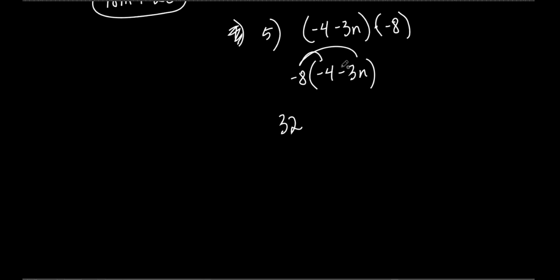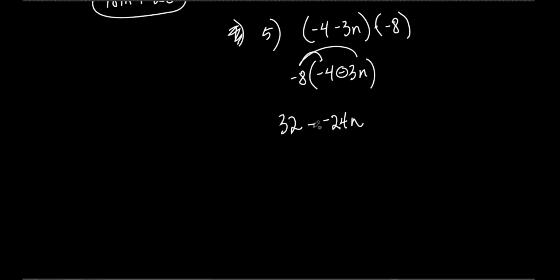Okay. Now, you got a minus, so put a minus. And now it's negative 8 times 3n. What's negative 8 times 3? Negative 24. It's negative 24. And then what's the letter? It's just an n. I guess you could keep it like this, but I would not keep it like that.